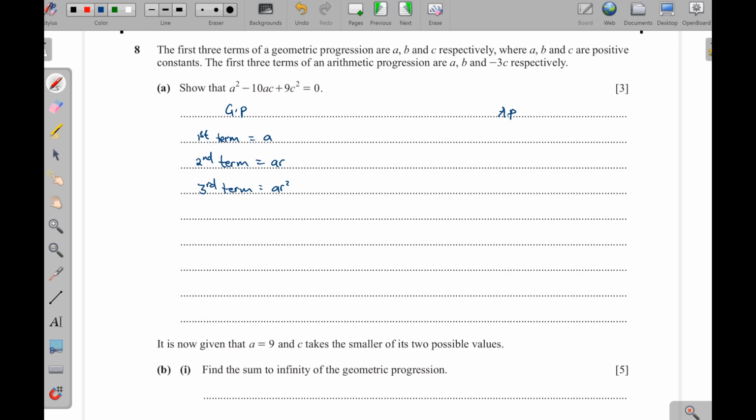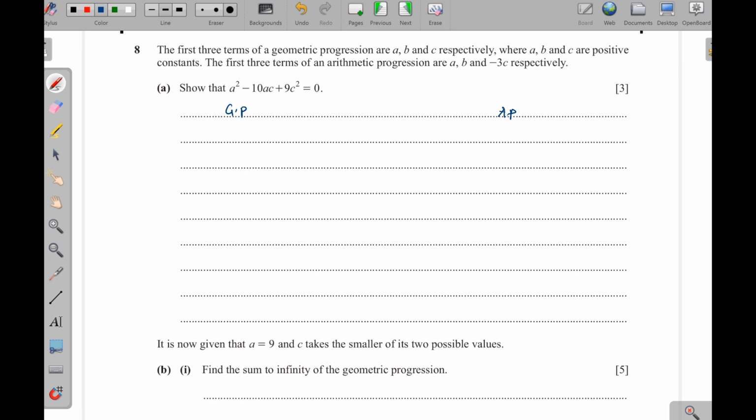That means for us to get the next term, we take the previous term times R, not so? So to get the common ratio, I take the third term and divide by the second term, or the second term divided by the first term. So this is what I'm going to write here.